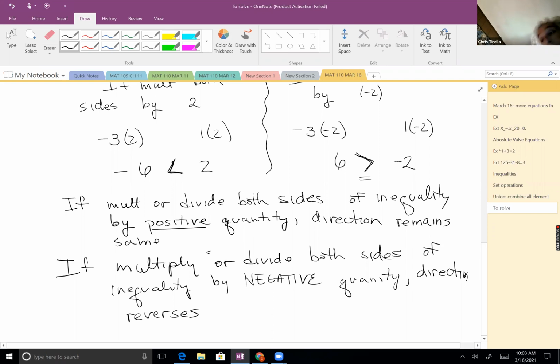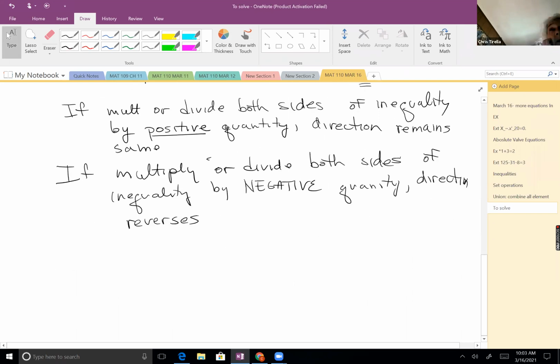And that's where solving an inequality differs from solving an equation. If we multiply or divide by a positive, the inequality remains the same. If we multiply or divide by a negative, it reverses.